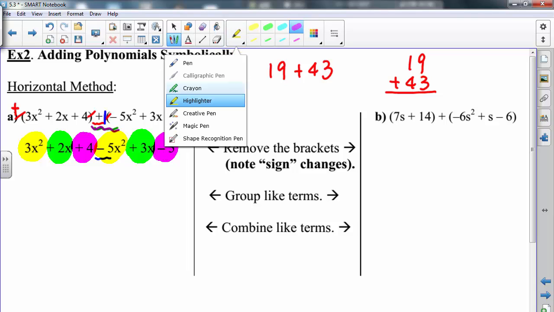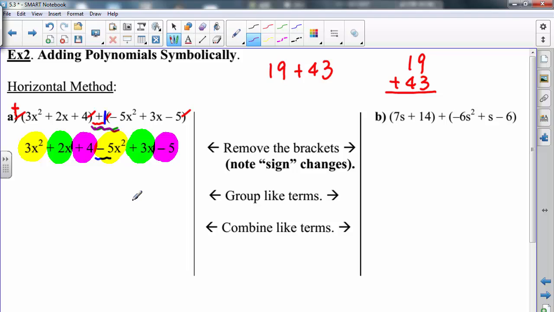So with all the like terms identified, we can combine the like terms. When we combine the like terms, we only need to add their coefficients up. So this time, I will put yellow with yellow. 3 minus 5, 3 plus negative 5, it's negative 2x squared.